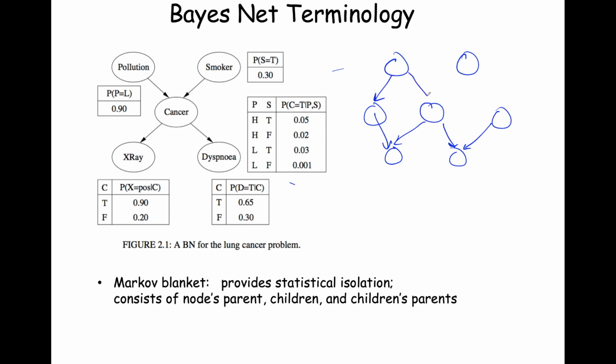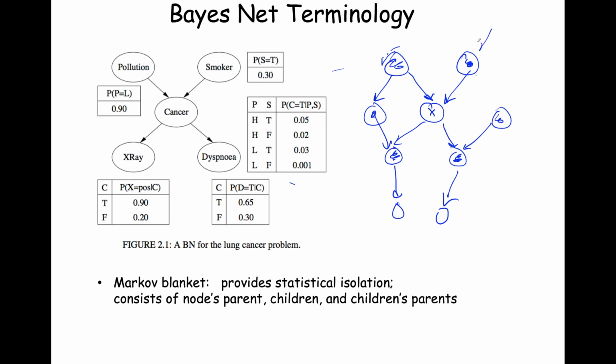So here's a node X. If we take X and its parents, its parents are here, here. Its children are here and here. And its children's parents, so the parents of its children, are here and here.